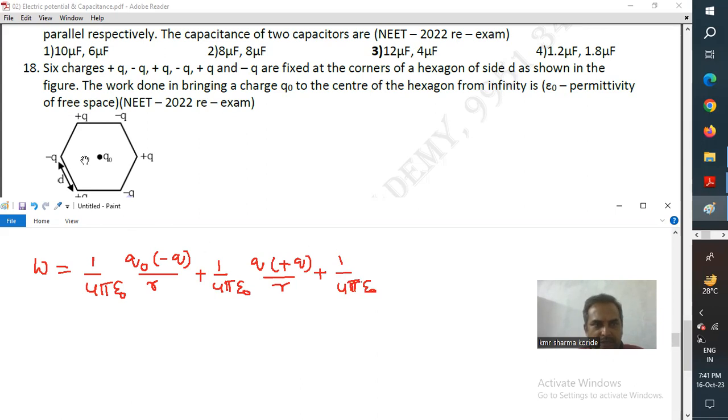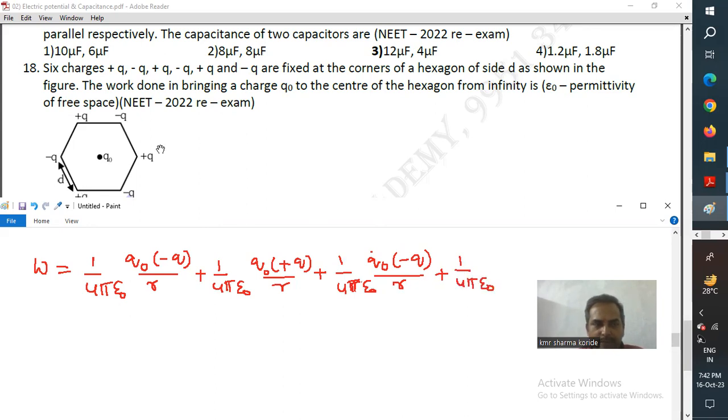Okay, so next charge. Sorry, Q naught with minus Q, this charge, minus Q. The distance is R. If you divide it, there will be 6 equilateral triangles, so the distance will be the same. So therefore, this is R. After this, plus. So how many are over? 3 are over. 1 by 4 pi epsilon naught.